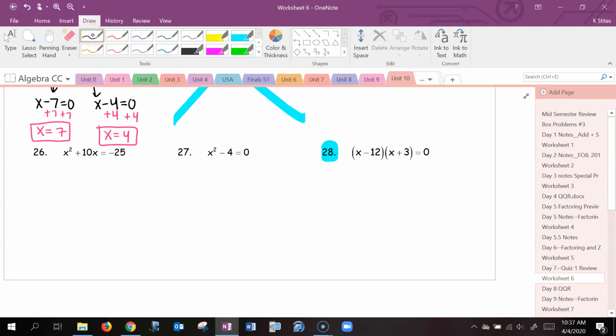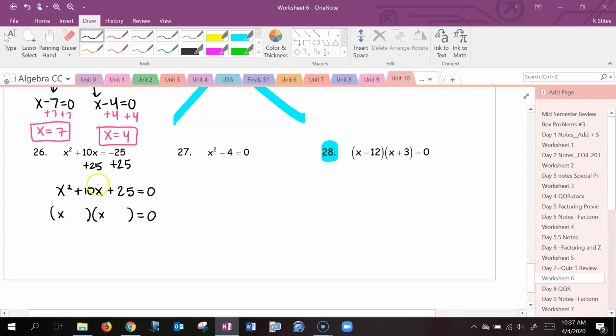26, I need an equal 0 in order to do this, so I do have to add over my 25. See how it's just the regular number, it's not the x, so it'll go at the end. Now I'll factor it. That's where I do my parentheses. It means I'm doing my box problem.